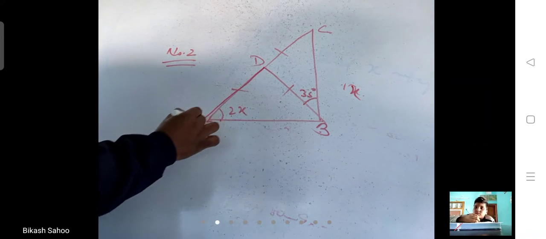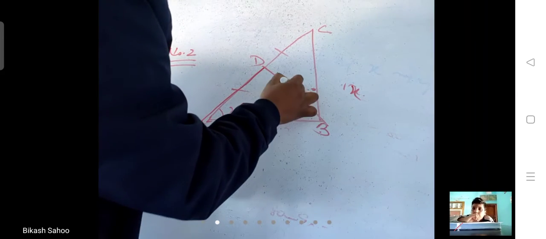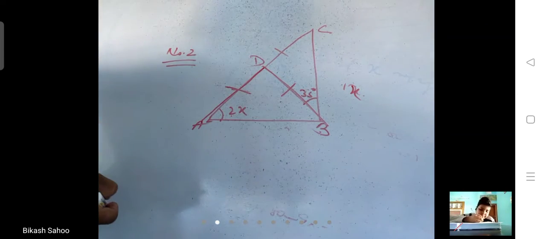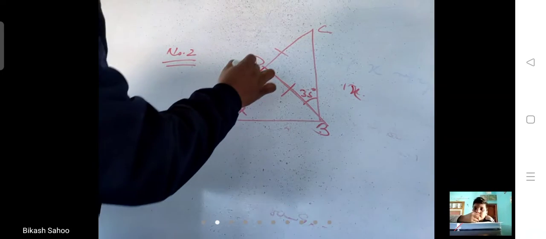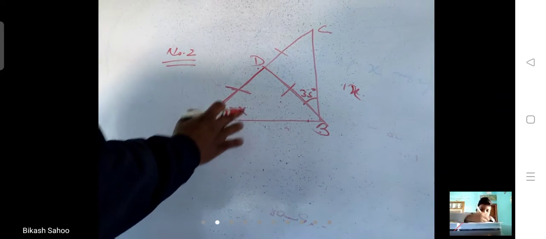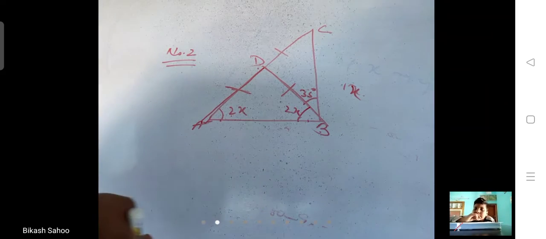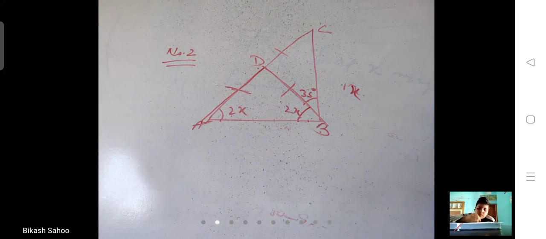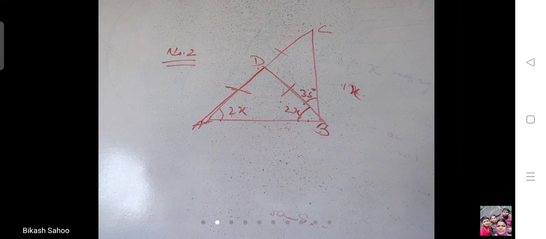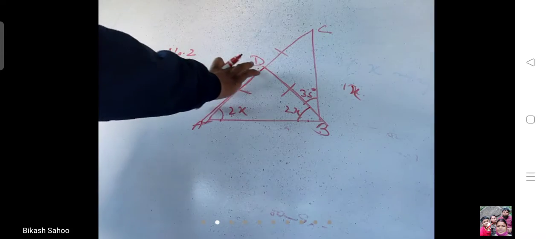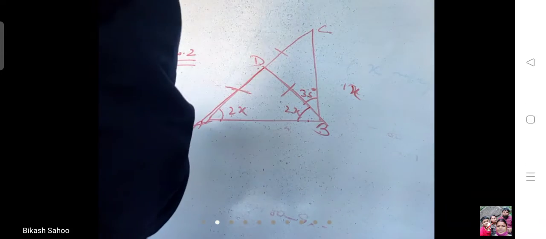As the AD side is equal to BD side, that means DAB angle is equal to DBA angle. Yes or no? Because the sides are equal, their front angle also equal.